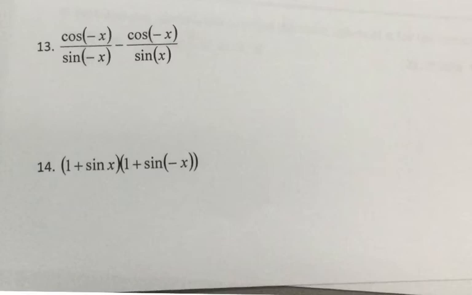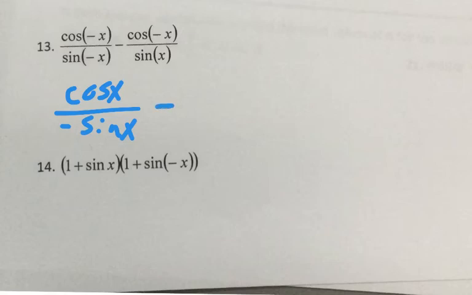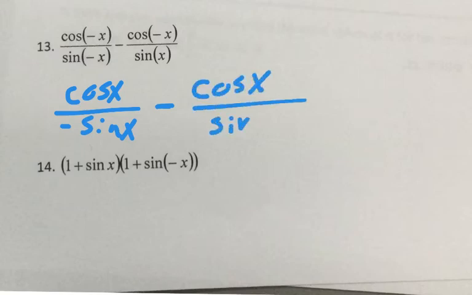So I can drop the negative for cosine. So cosine of negative x is just cosine of x. Okay, what is sine of negative x? That would be negative sine x. And there's a minus sign. What's cosine of negative x? I can just drop the negative. It becomes cosine of x. And then this sine of x, it was already looking pretty.